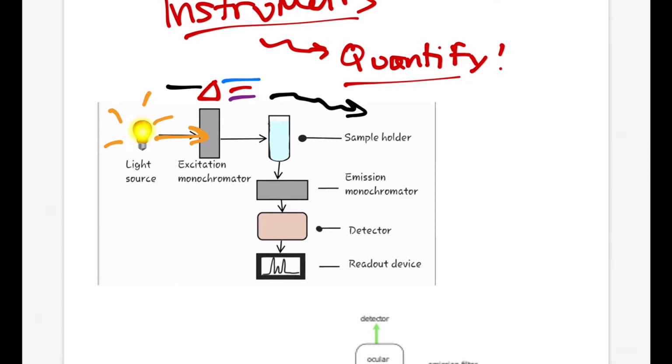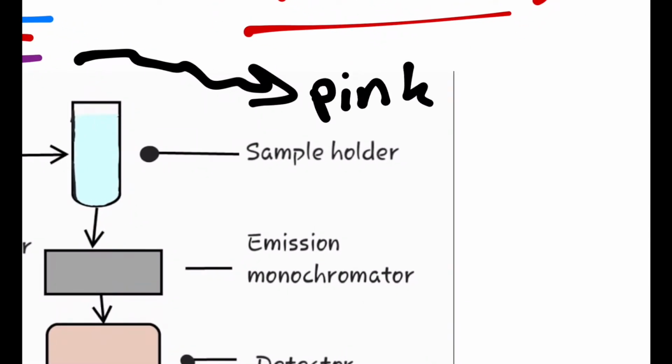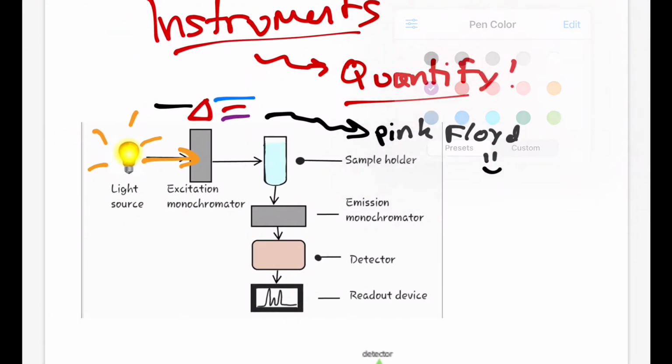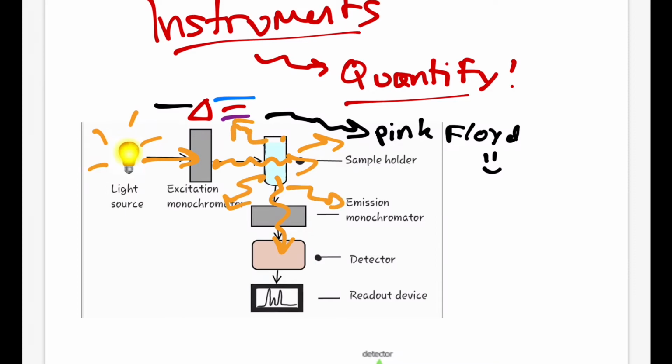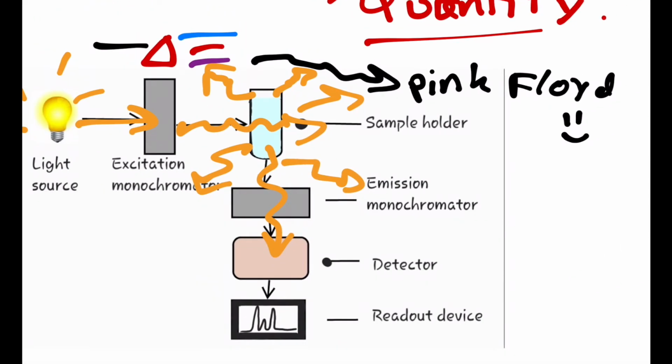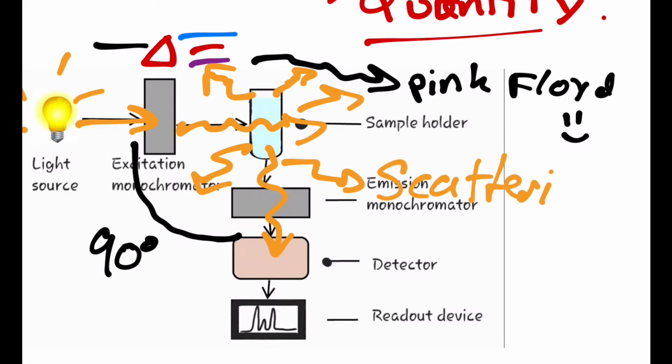You might have seen this before on a specific album cover that I probably don't need to name. But those lights go and hit your molecule, and the molecule releases light itself, just like in the energy diagram from earlier. What's unique about this light is that we have to read the photon at a 90-degree angle. And we measure it there so that our laser doesn't mess with our outcome. We don't want to lose our sample in all of the scattered background light.